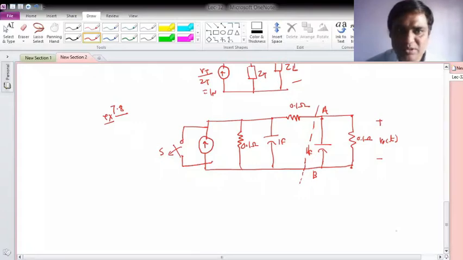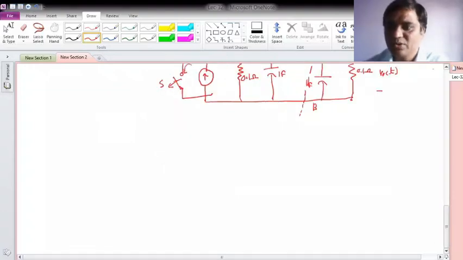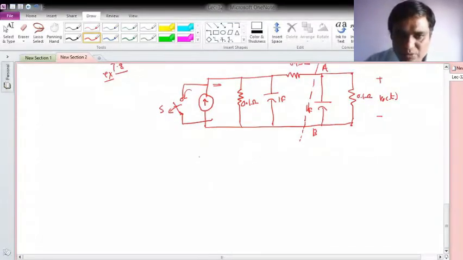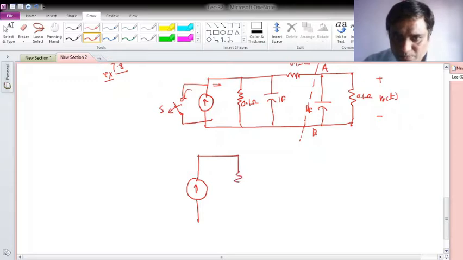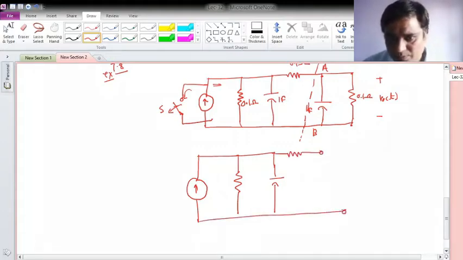Okay, and I will redraw the circuit here, and as I said, the switch is open, so current will flow in this branch, right? If the switch had been closed, then all current would have flowed in this particular branch. Okay, now let me redraw the circuit. So this is the current generator, then there is a resistor, then a capacitor.